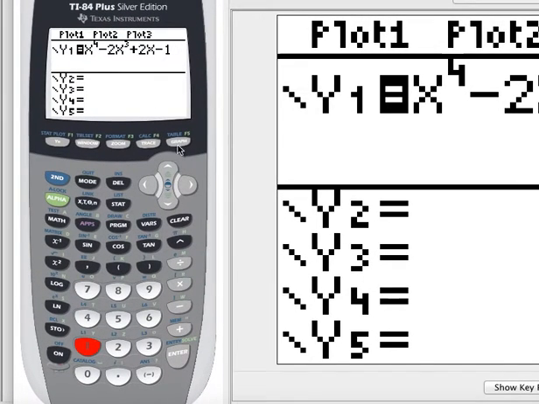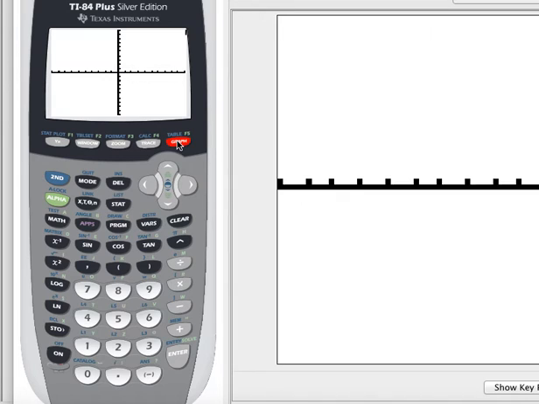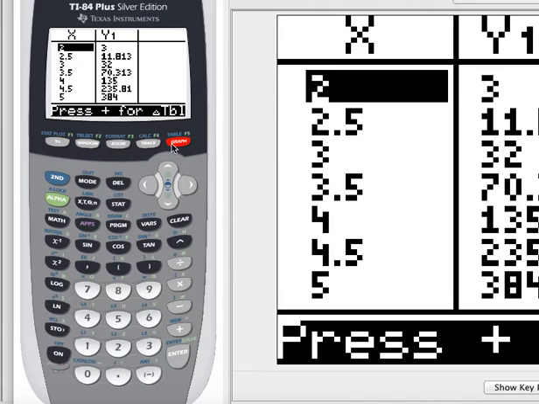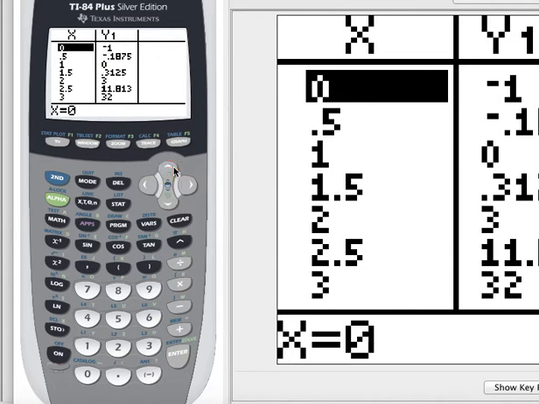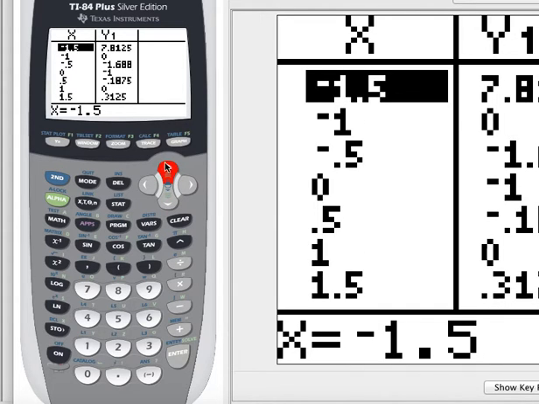All right, so let's graph that. And it's looking like maybe at negative 1 and 1. Let's check that. Yep, there's the 1 and the negative 1.